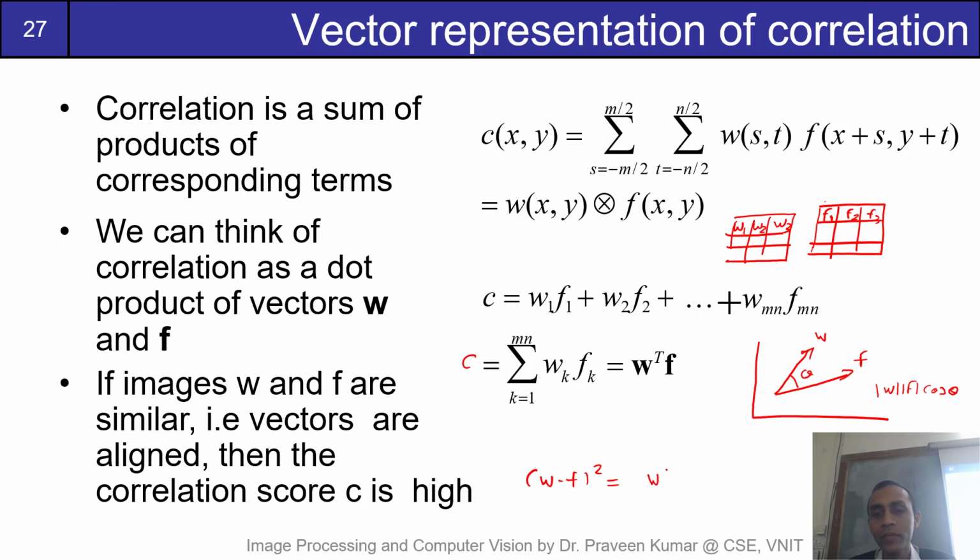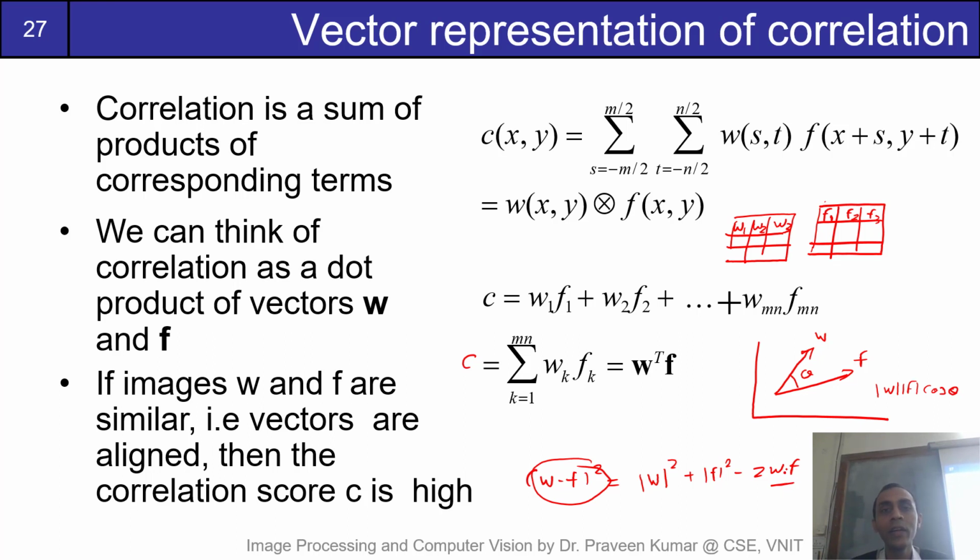So this will be basically, isn't it? So when will the difference between the two be smaller? When this is higher, then the difference between the two will be smaller.